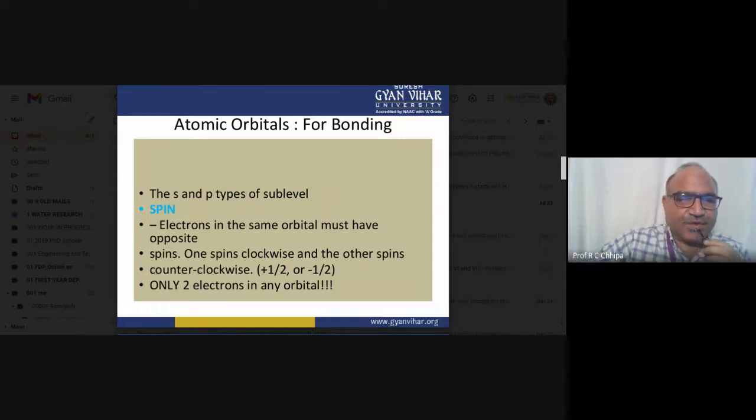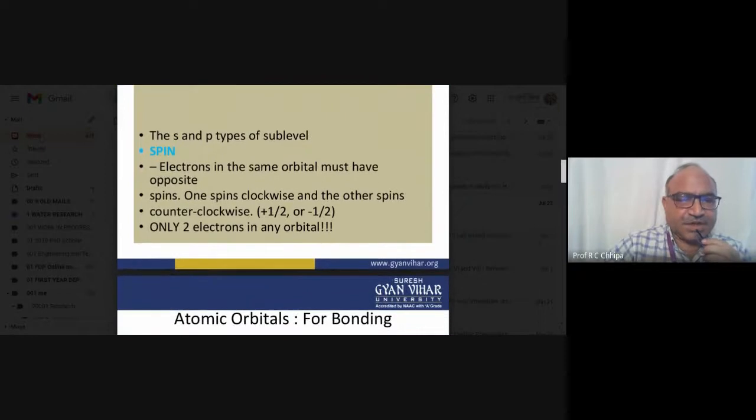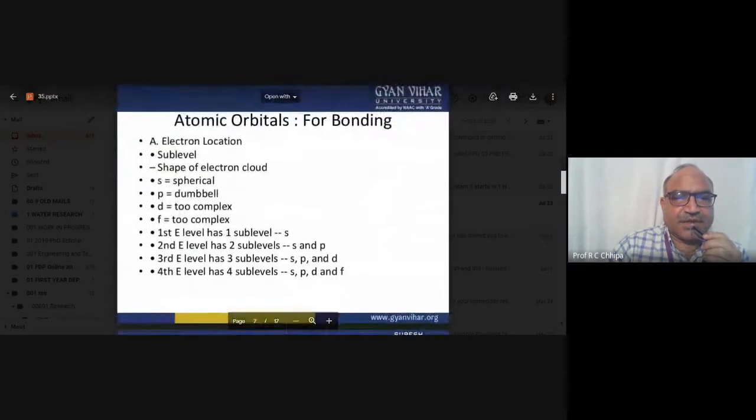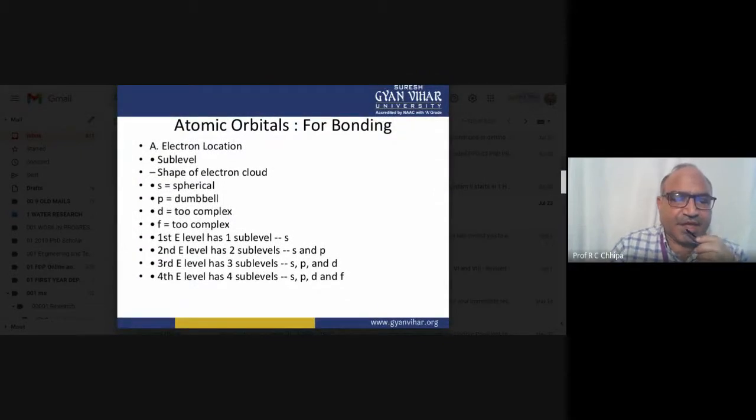Electrons in the same orbital must have the opposite spin. One spin is clockwise and the other is counterclockwise, so plus half and minus half can be represented in this case. Next slide: these are the sublevels. The electron location is the atomic orbital. Then we have the sublevel shape of electron cloud.